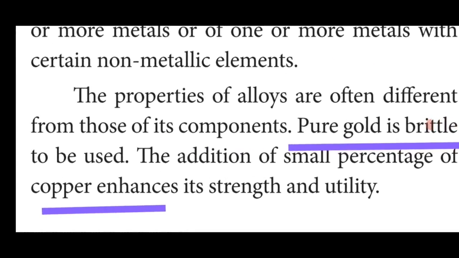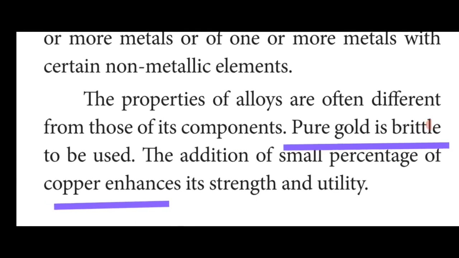The properties of alloys are often different from those of their components. Pure gold is too brittle to be used. The addition of a small percentage of copper enhances its strength and utility, so it becomes suitable for jewels and coins.